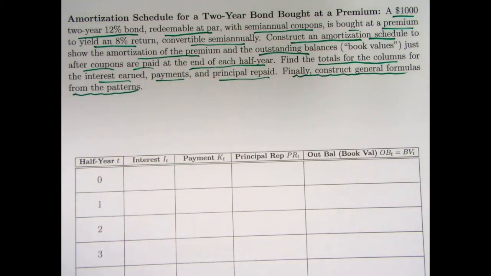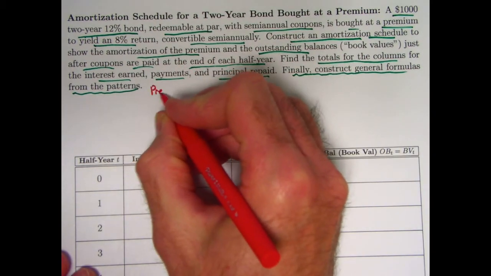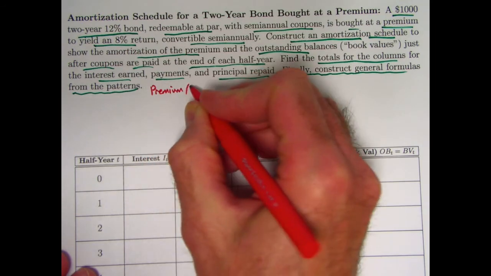We'll mostly think about this in the context of the premium discount formula, and that is probably the best way to think of this typically.